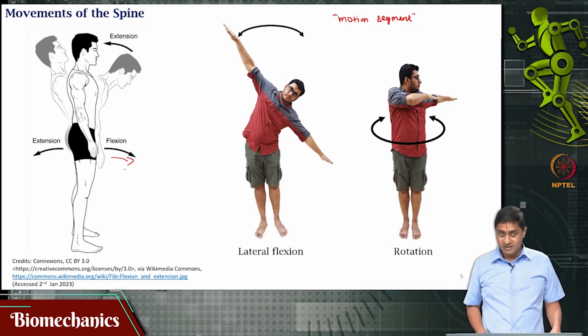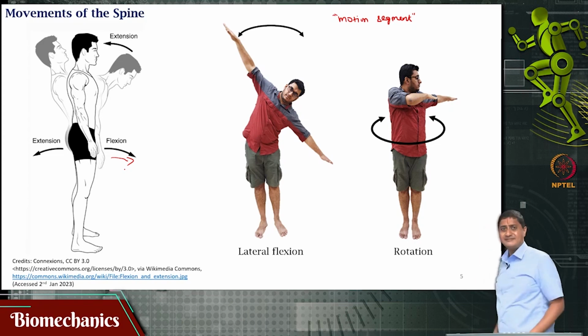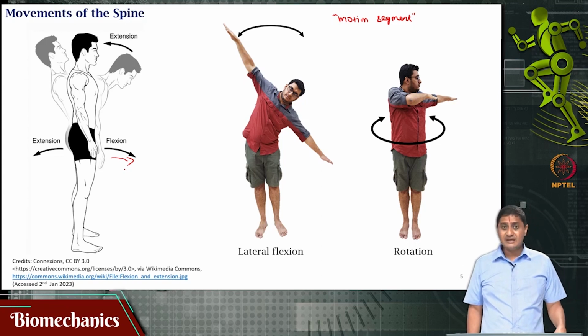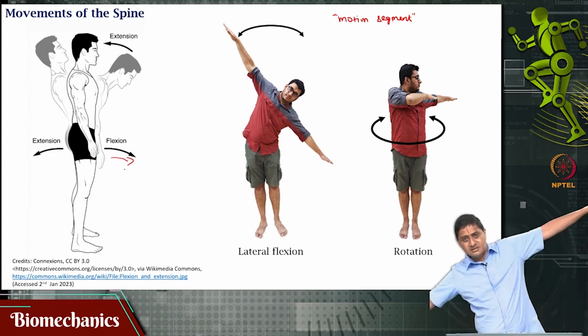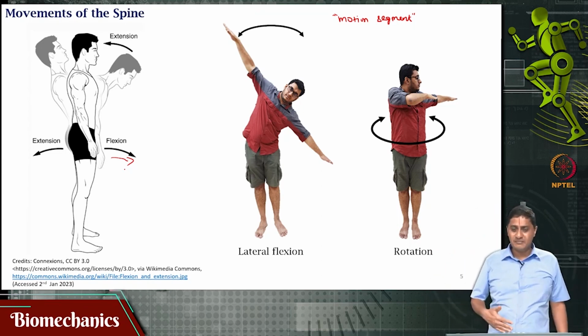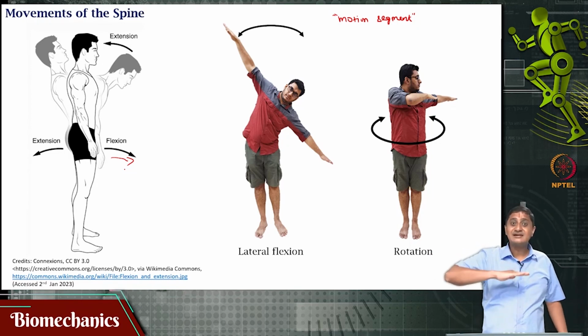Then of course, we all know which movements are possible in which planes. Flexion extension happens in the sagittal plane. The lateral flexion, the sideways movement, happens in the frontal plane. And if I perform a rotation, that happens in the transverse plane.